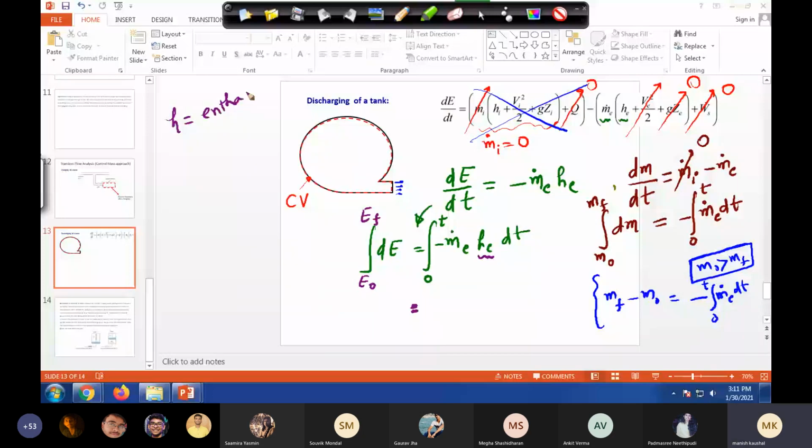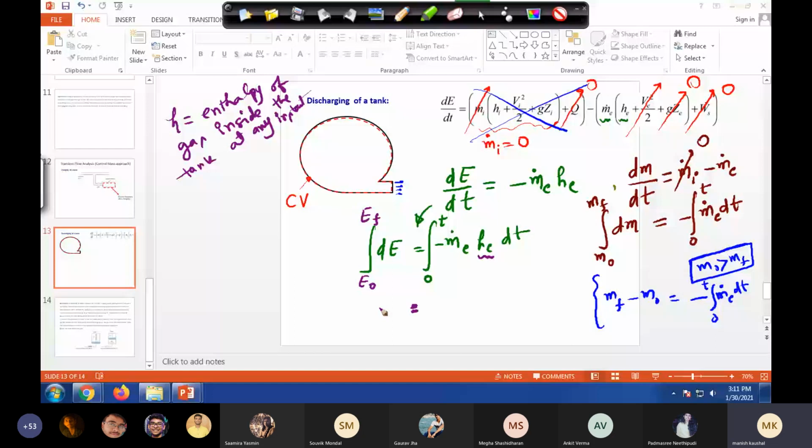Just the enthalpy of the gas inside the tank at any instant, which will change, of course, with time.